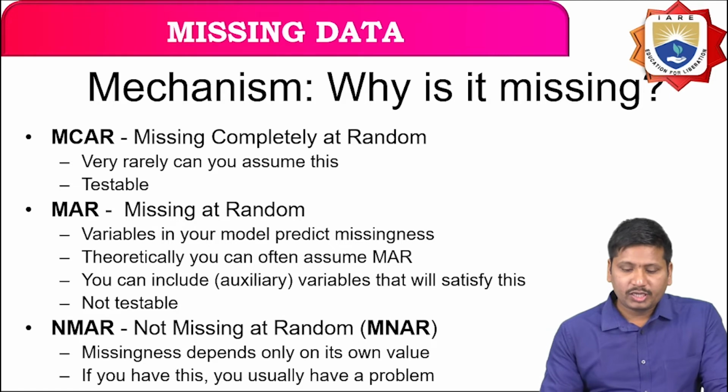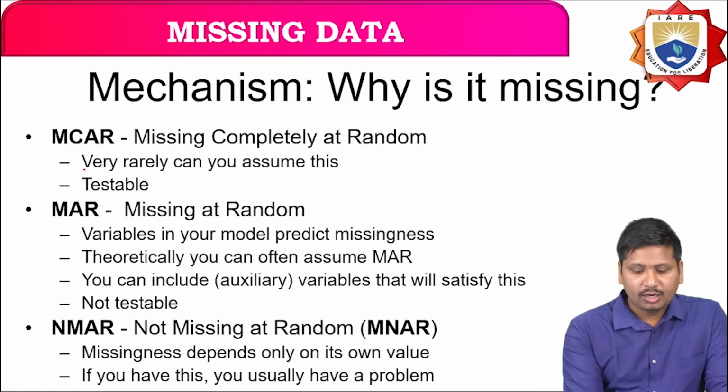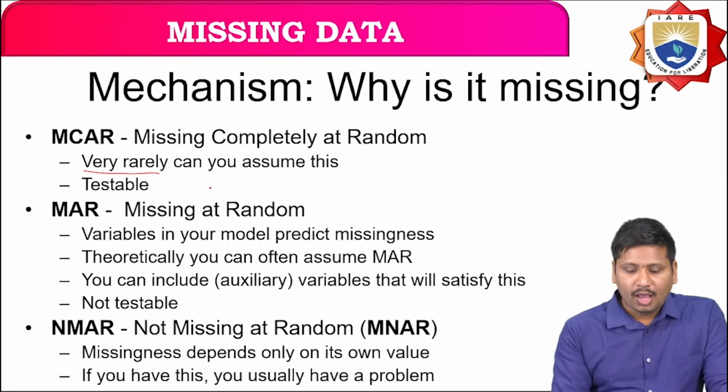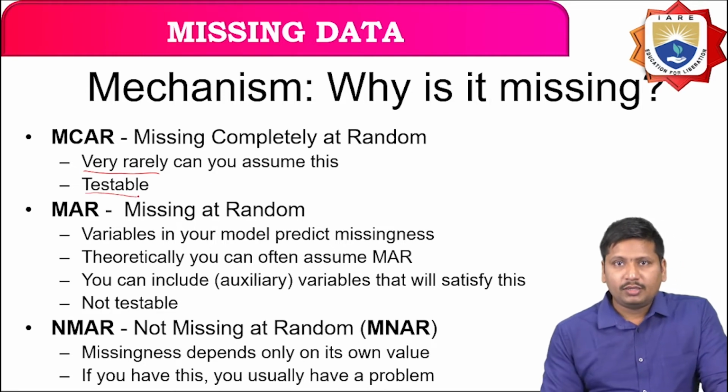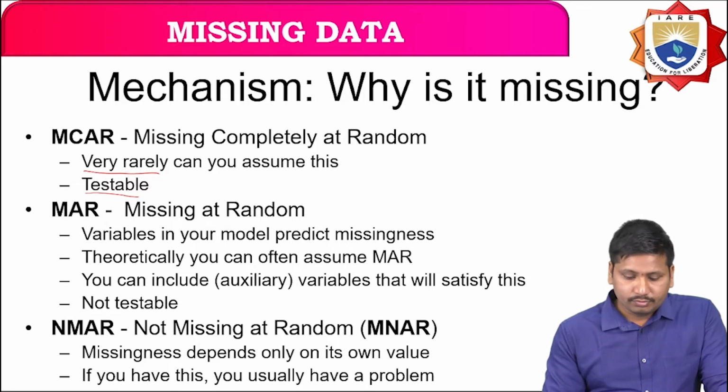The very first one is MCAR. MCAR is very rarely used, and you are able to make this missing data testable through this method. The next one is MAR, missing at random.